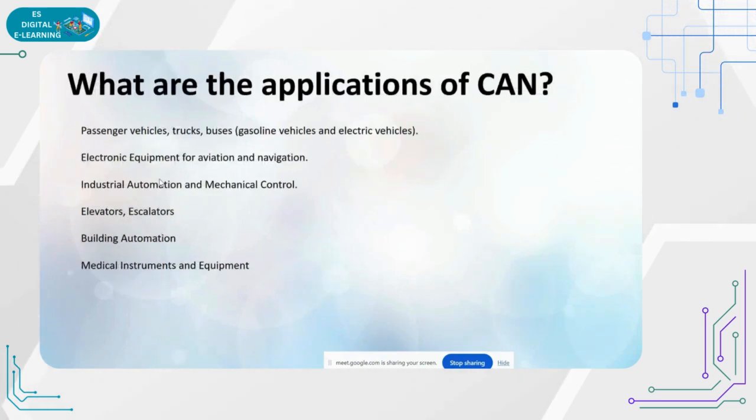And what applications of CAN did we discuss? We use it in passenger vehicles, trucks, and buses, that is, automotive vehicles. We also use it in aviation and navigation, industrial automation, and mechanical control, in industrial projects, elevators, escalators, building automation, and medical instruments.